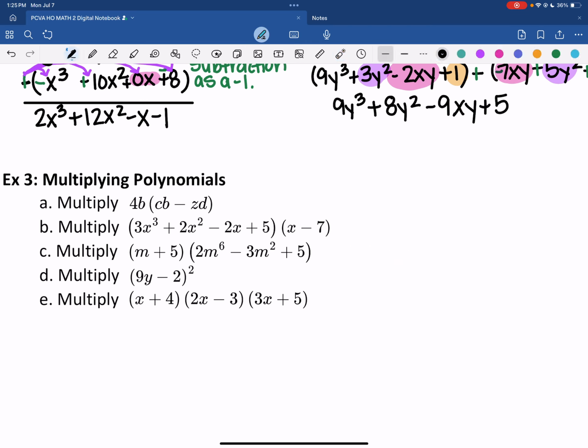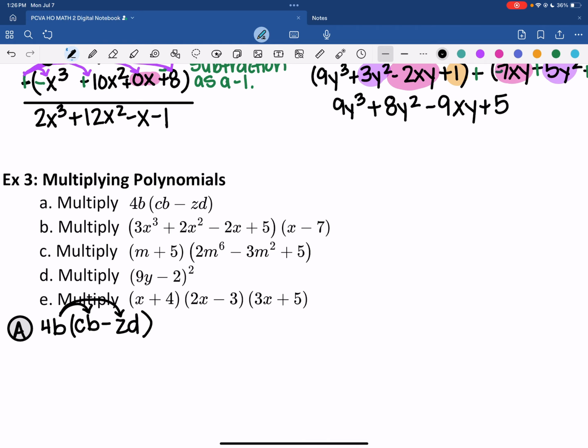So for some of these, I'm going to use a certain organizational tool. If you don't feel like you need that, that's fine, completely up to you. So when I have just a monomial, which is a single term with no adding or subtracting, and I'm multiplying it, we're distributing here. So we're going to distribute the 4b to the 2b, or 2b, and then the 4b to the zd.